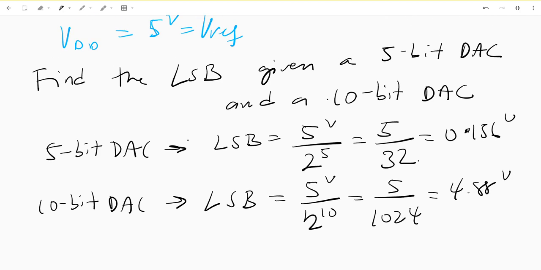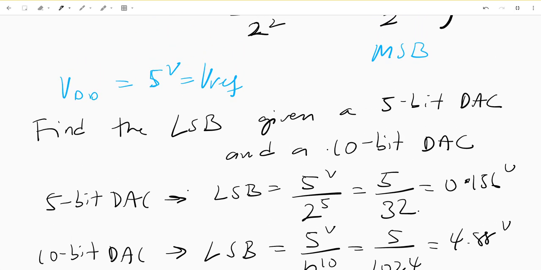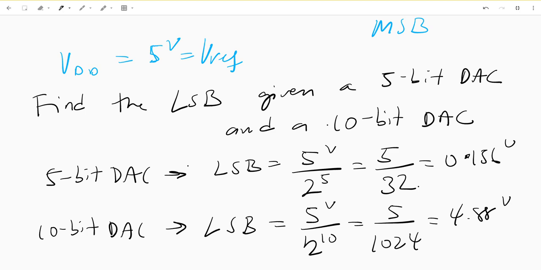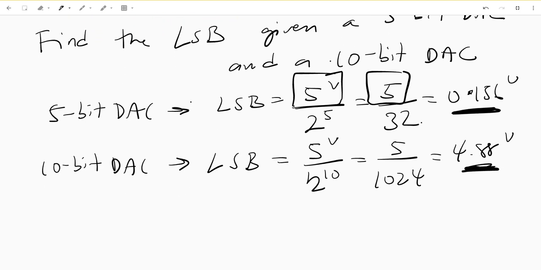So as you can see, we've gone from a single high or low bit, so 5 volts is considered 1 or high, and now we're at a voltage. We've gone to an analog output.